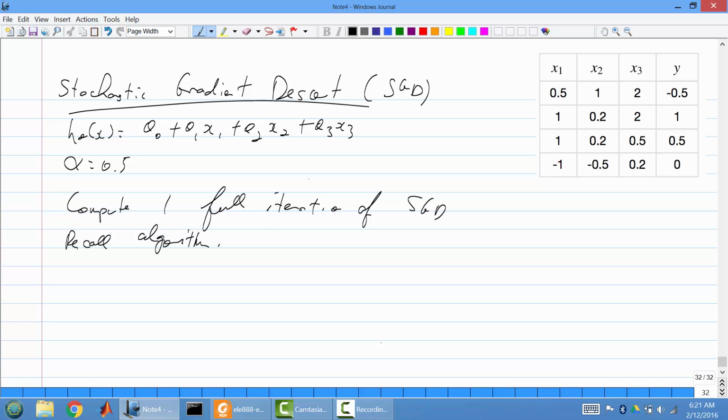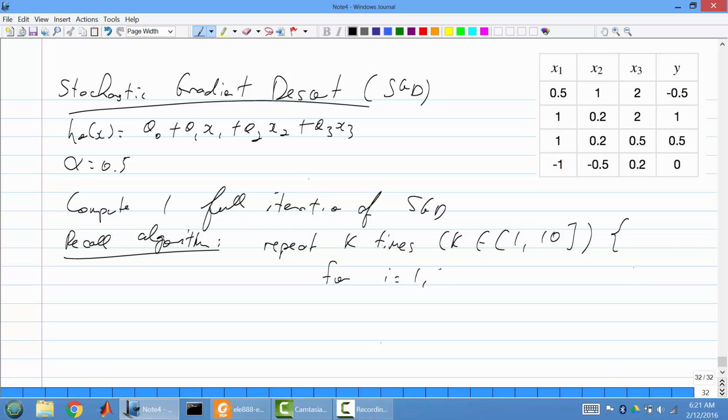So what you do is repeat k times, where k is somewhere in the neighborhood of 1 to 10. This number is subject to experimentation, so you just simply have to play around with it until you get good results. So repeat k times for the following steps. For every training example from 1 up to m, you're going to update after each training example.